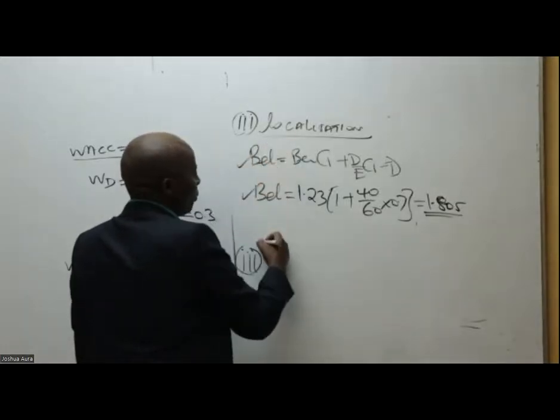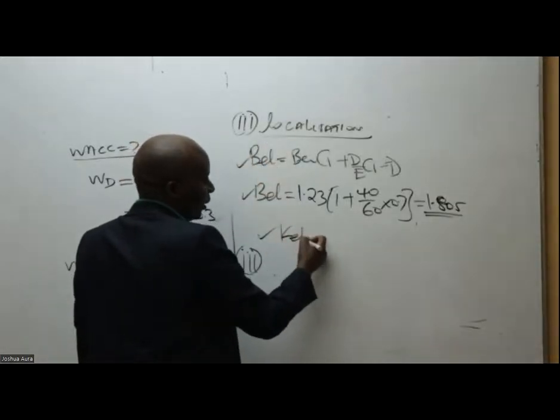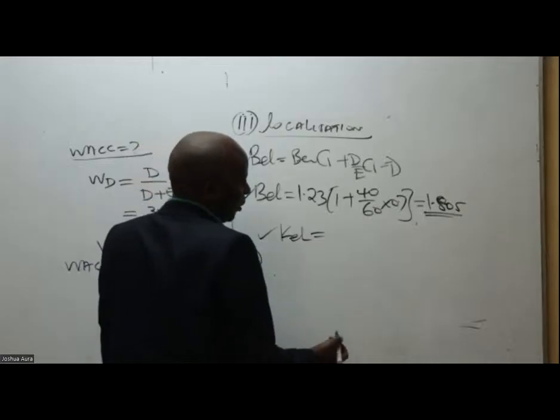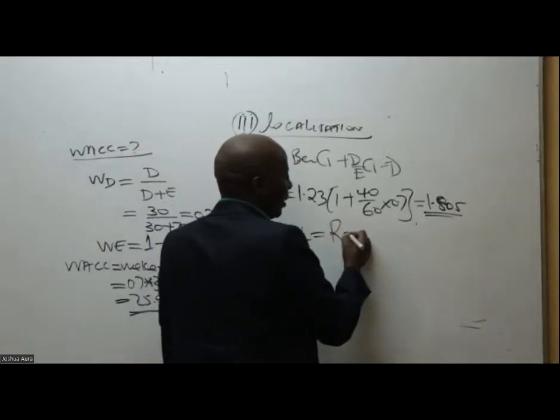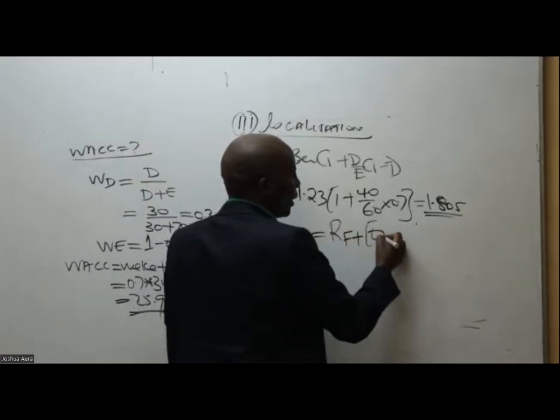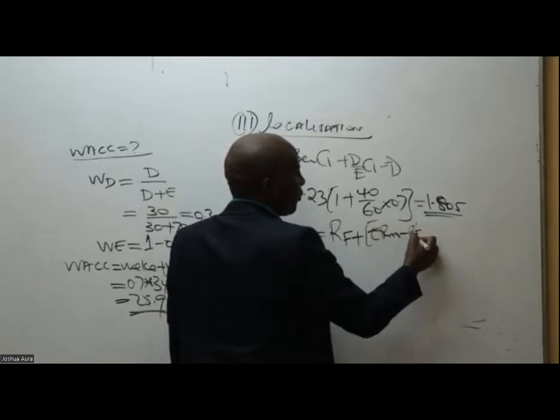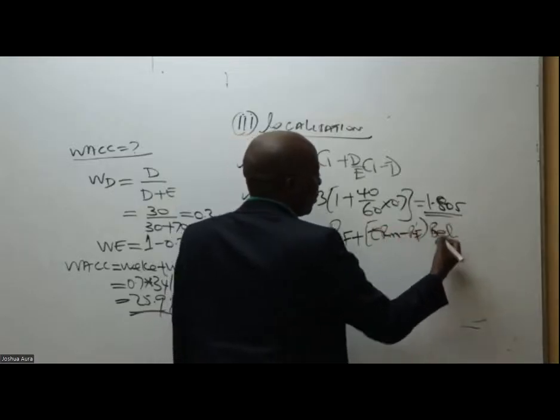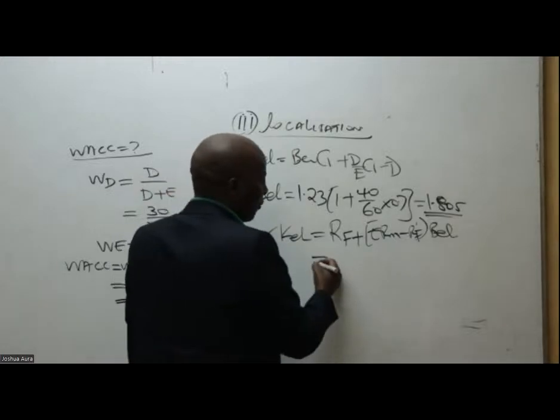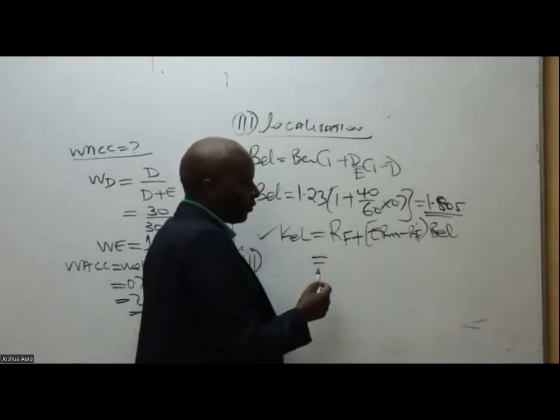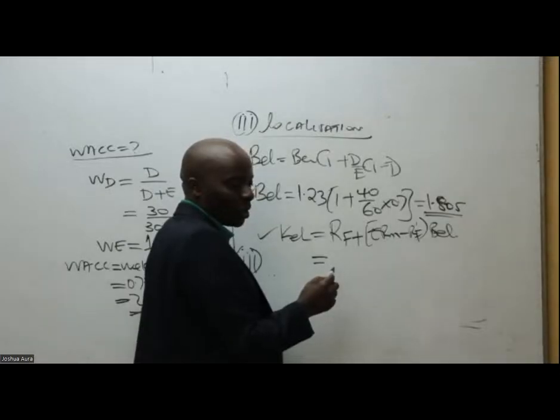Ladies and gentlemen, the next thing is the cost of equity for the organization. So I'm using CAPM. It is risk-free plus returns of the market minus risk-free multiplied by the beta of the organization. Risk-free is what percentage?